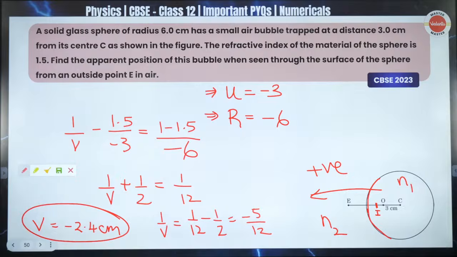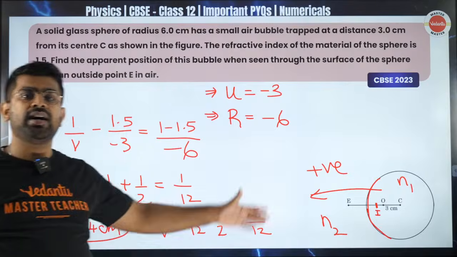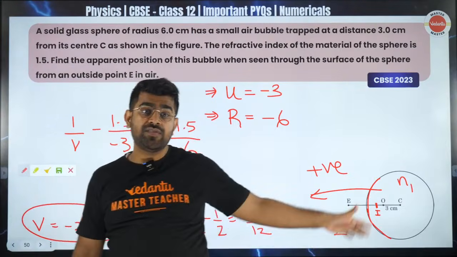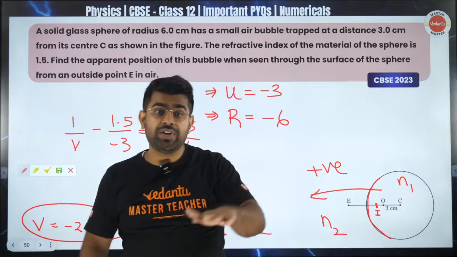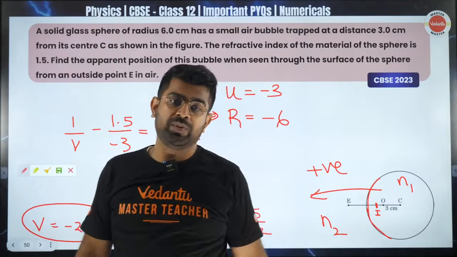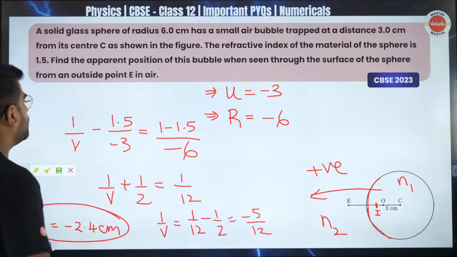Everybody happy? You can't use real depth by apparent depth here. It's a curved surface. You can use that when you have a flat surface, like a swimming pool. Don't do that here. Okay?